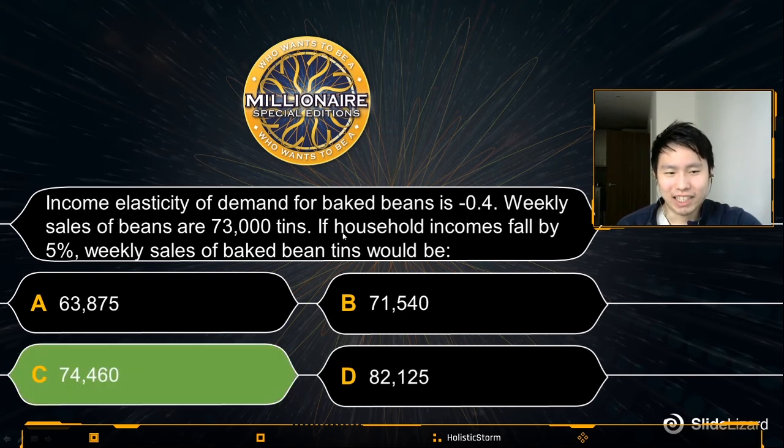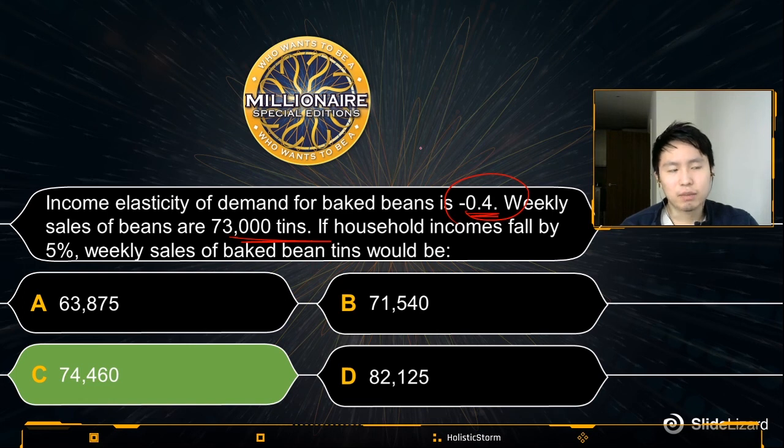No, it would be C. Yeah, 74,460. Wait, should it be C? Let's see. Okay, so income elasticity of demand for baked beans is minus 0.4. Weekly sales of beans are 73,000. In this case, if it is minus 0.4, it means that it is an inferior good, right?